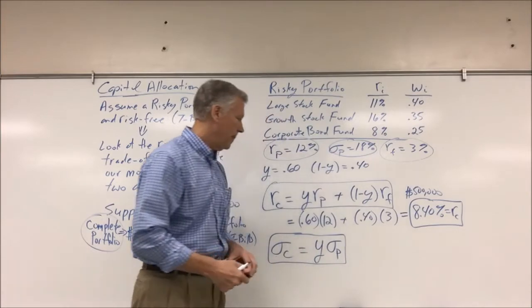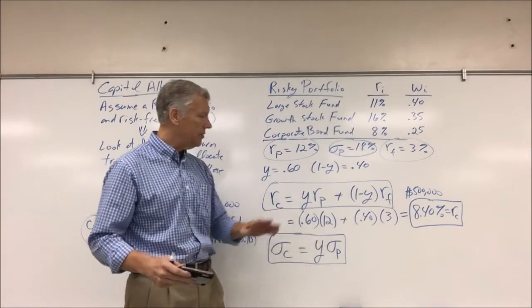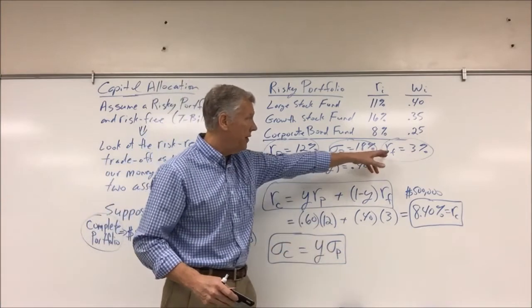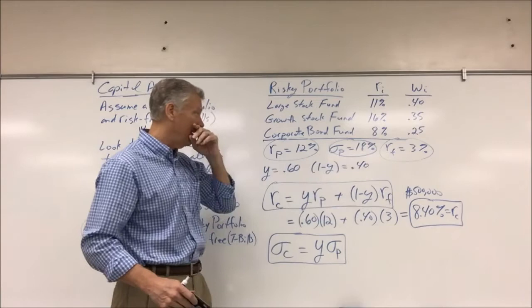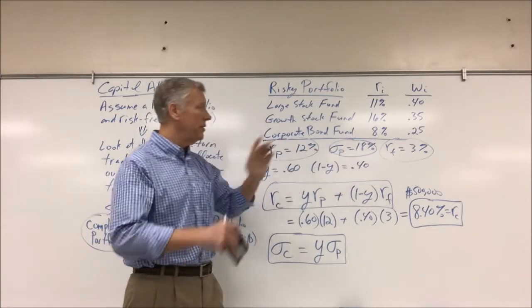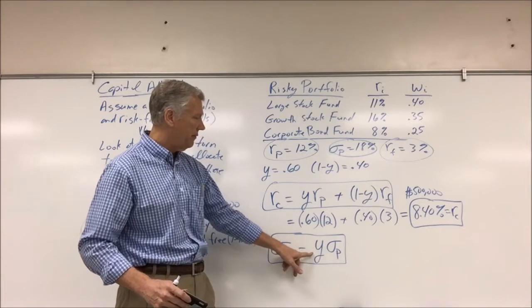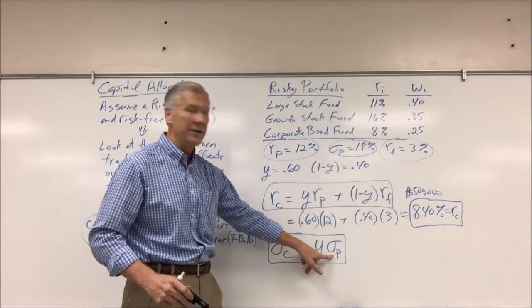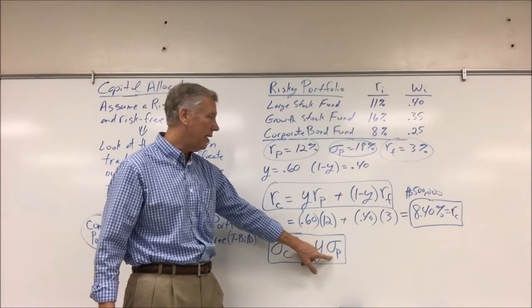Okay? It's, again, in this example here, it's going to be sort of a weighted average because the standard deviation in this case here is 0. There's no correlation between these, and they're going to fall out. So what it comes out to be, if you put 60% of your money at risk, then you're going to take on 60% of the risk of this portfolio right here.